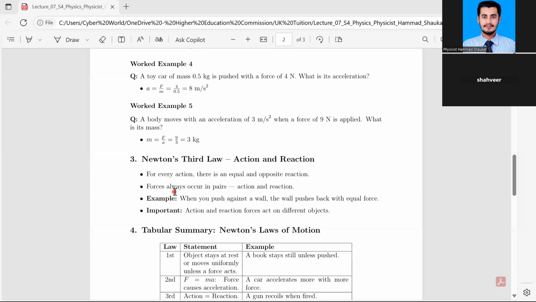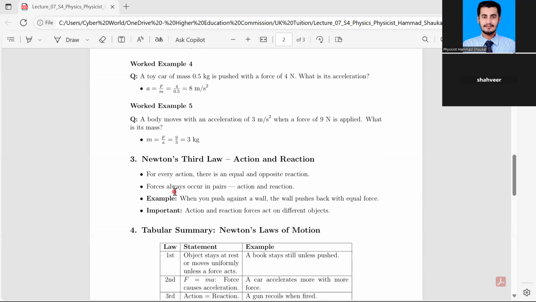So for every action, there is always an opposite reaction having the same magnitude but opposite in direction. This means whenever you apply some force on a body, whether at rest or in motion, that body also applies some force on you with the same magnitude but opposite in direction.